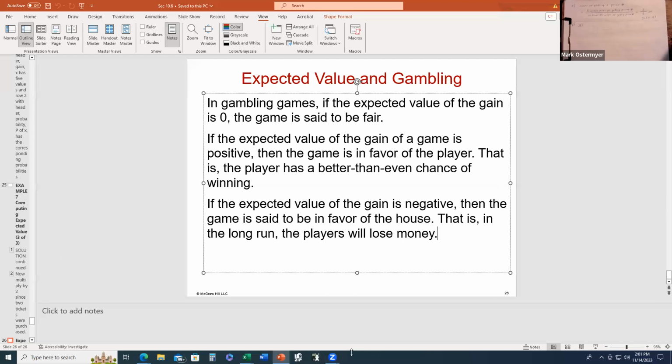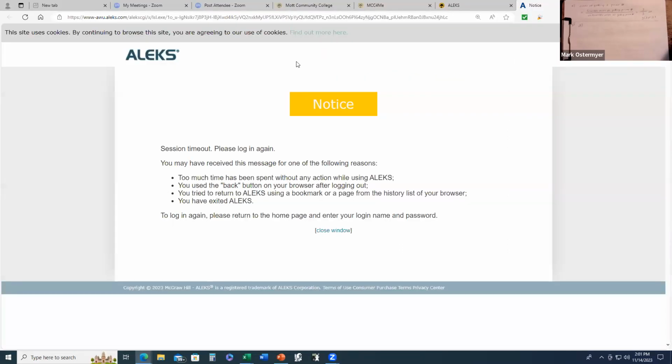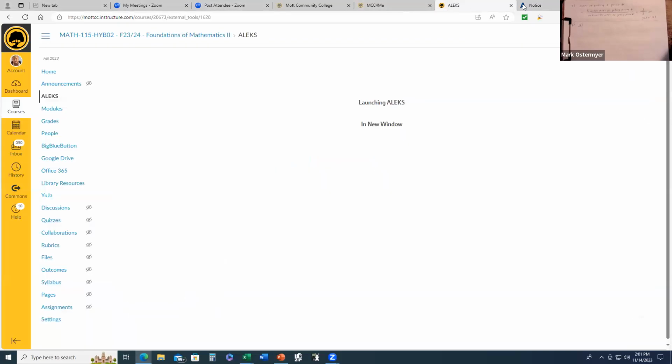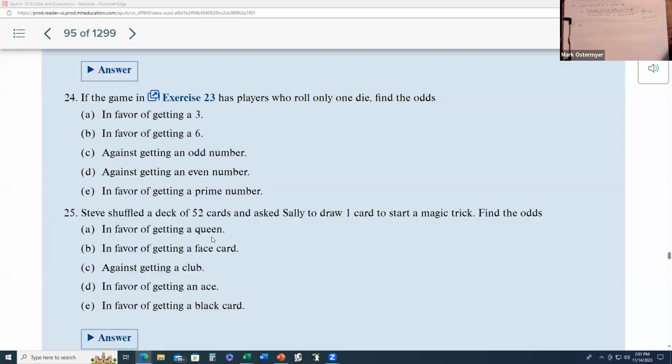Okay, let's go to our textbook here. See if we can have some fun. Okay. So we will try to do a couple of problems out of our textbook in section 10.6 involving expectations. So we don't have a ton of time left.